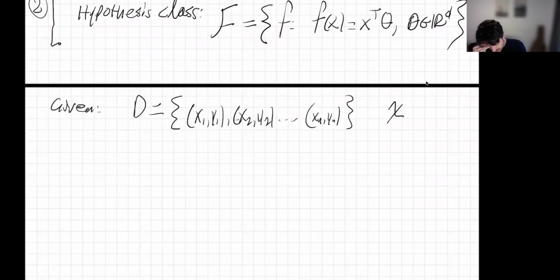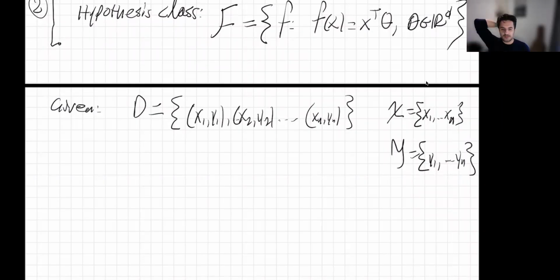I'm going to say that calligraphic X is the collection of all x's that are in my training set. This is my training set points. It's not all possible values that it can take. It's all the n input points that I've collected. I can use a similar notation to call the collection of y1 through yn calligraphic Y.